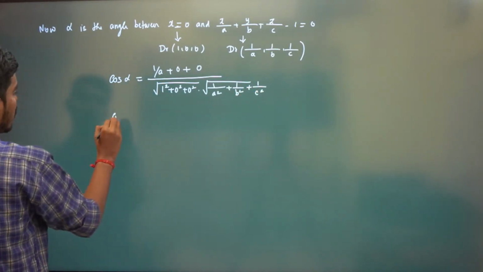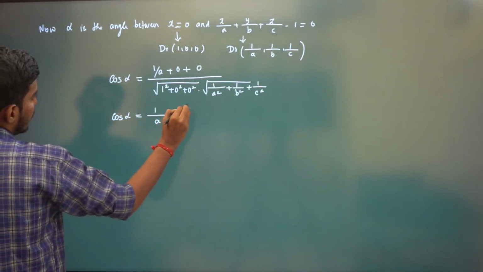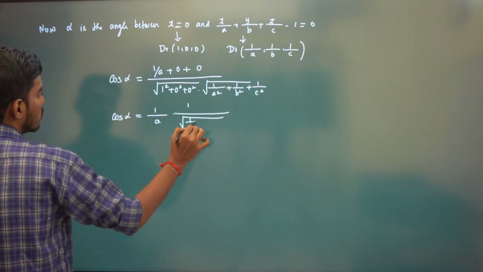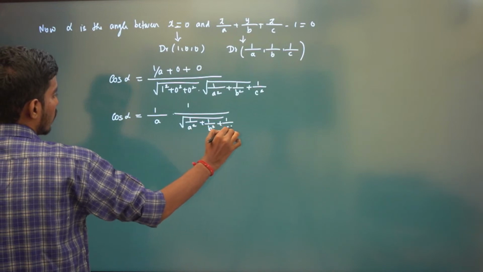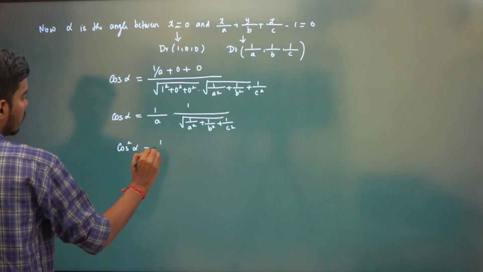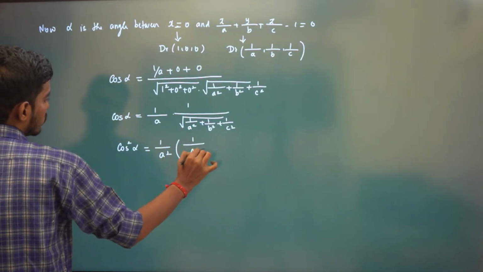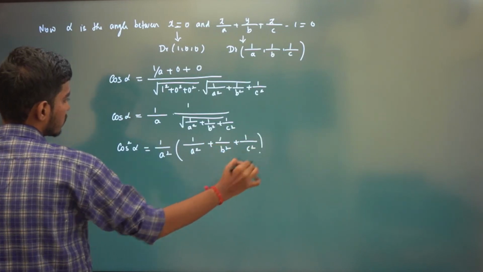So you have cos alpha equal to 1 by a into 1 divided by root of 1 by a square, 1 by b square, 1 by c square. Now what about cos square alpha? So it will be 1 by a square. This root will get cancelled. So we have 1 by a square plus 1 by b square plus 1 by c square.